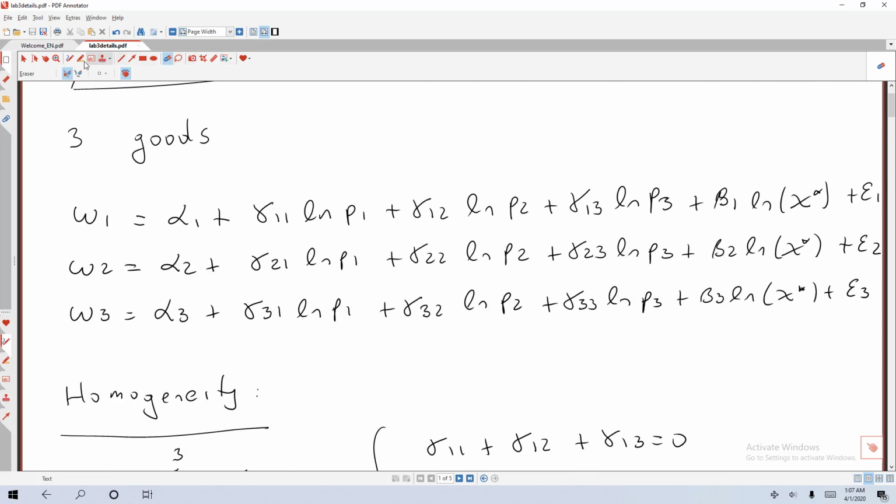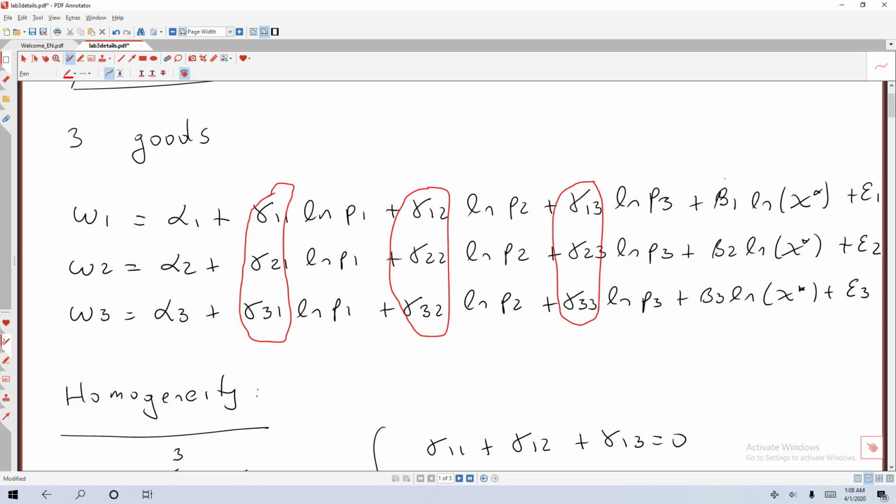Let me see if I can show you. You have these three coefficients, the ones that have to add up to 0 for that adding up restriction. That makes sense because remember the restriction is that the sum of the three shares has to be equal to 1. So the adding up restriction involves the coefficients of the three equations.